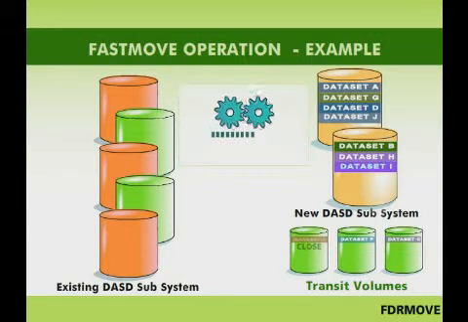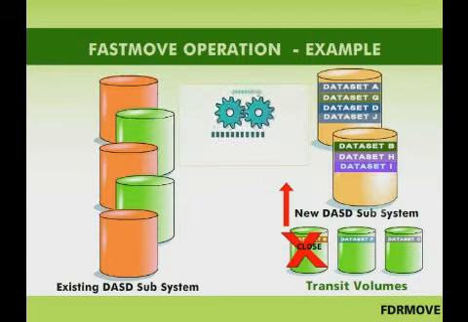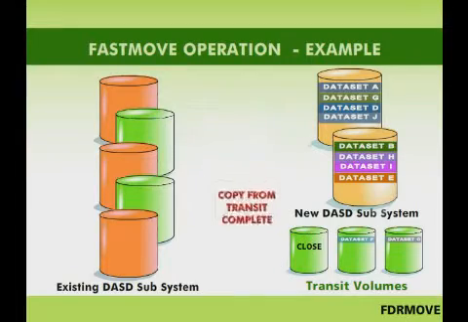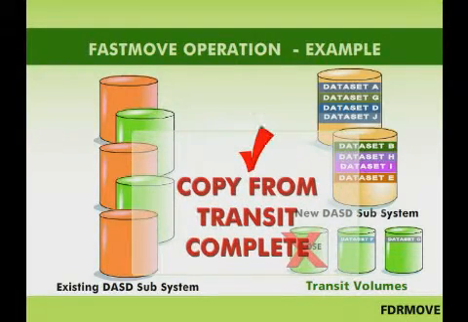Once a dataset becomes inactive in the transit station, the dataset will be instantly moved, taking advantage of the DASD hardware replication features mentioned earlier, to a specified disk address in the new DASD subsystem. FDRMOVE again takes care of cataloging any datasets to their new volumes.